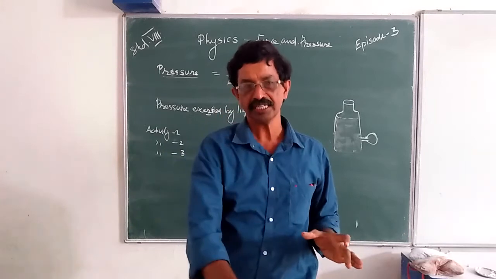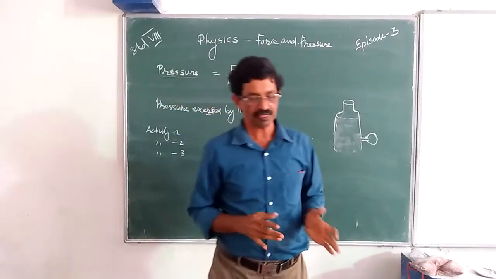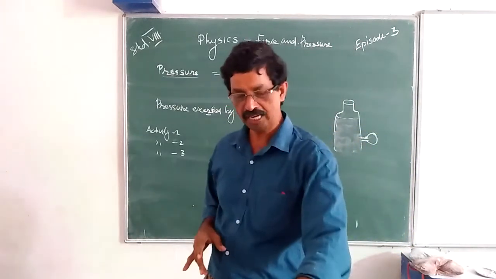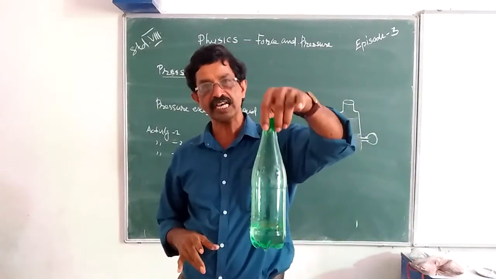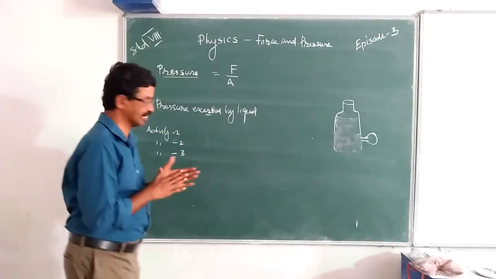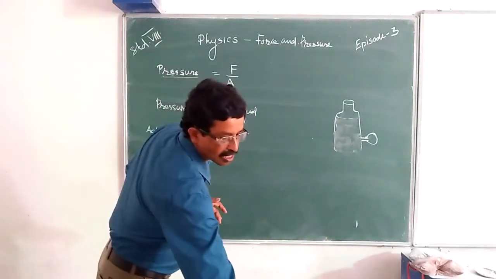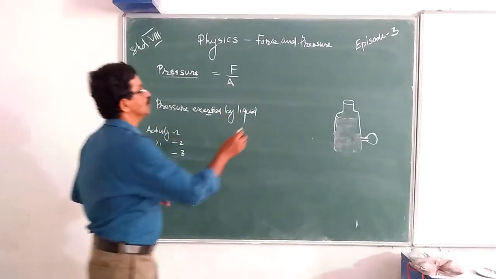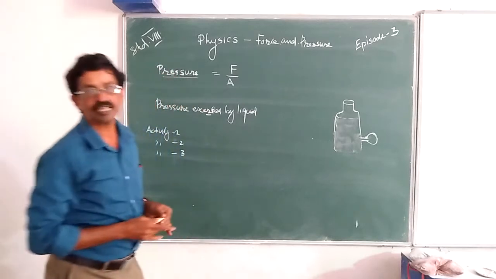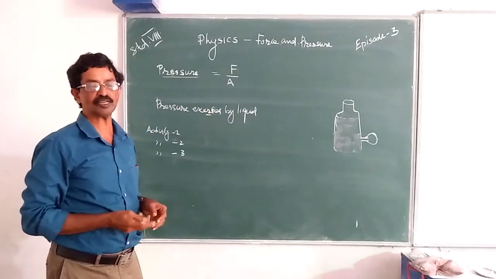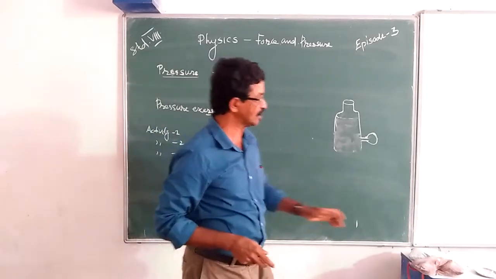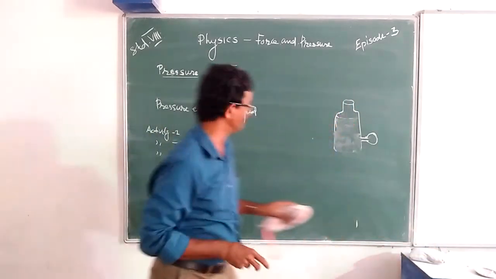That means this liquid, such as water, can exert pressure on its sides equally. That means liquid can exert pressure vertically downward, and not only vertically, it can also exert pressure on the sides of the container.